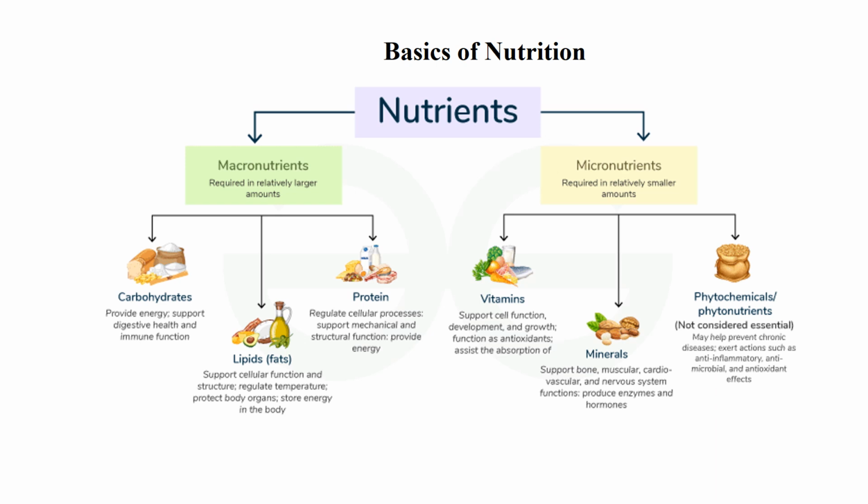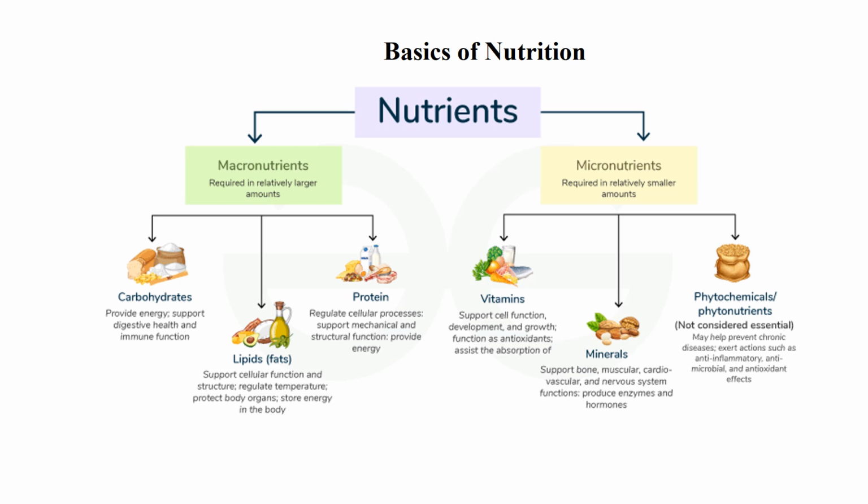Macronutrients are carbohydrates, lipids, which are also called fat, and protein. Micronutrients are classified into vitamins, minerals, phytochemicals, and phytonutrients.